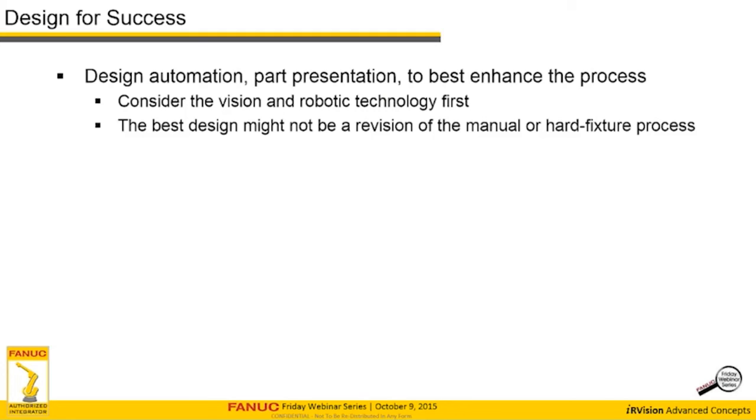This is sometimes just not the most efficient way to do it, and sometimes introduces errors that are going to make your life harder in the long run. Consider the needs of the vision and robotic technology first at design time. Understand what that has to be, and then apply that to the existing process or to a whole brand new process as need be.